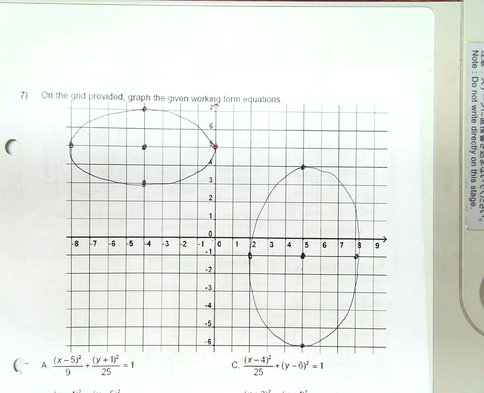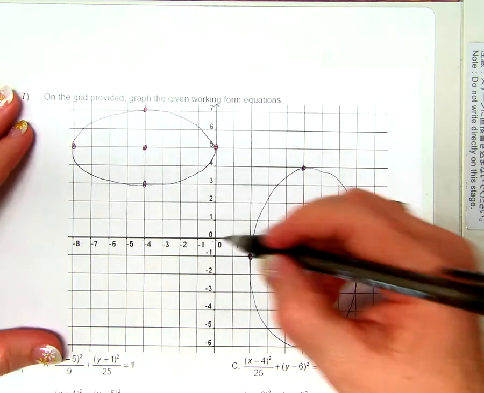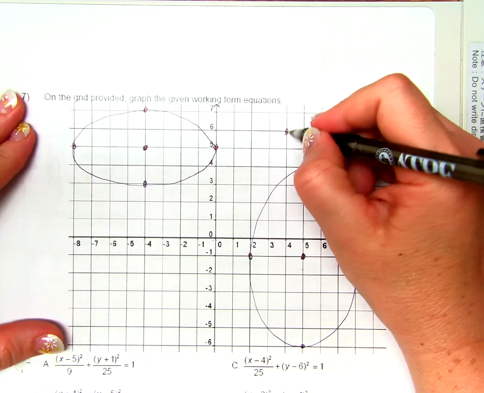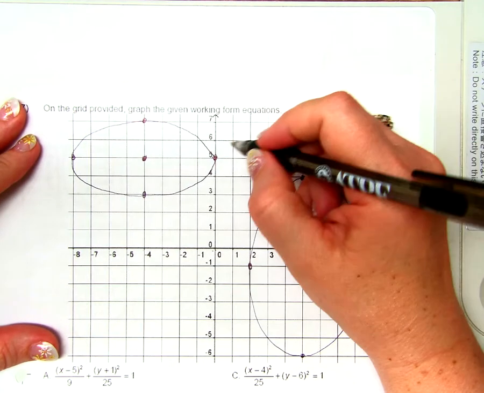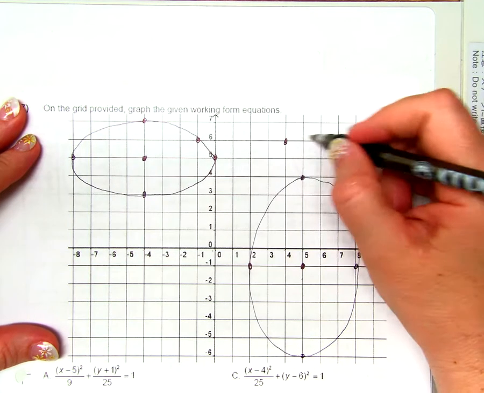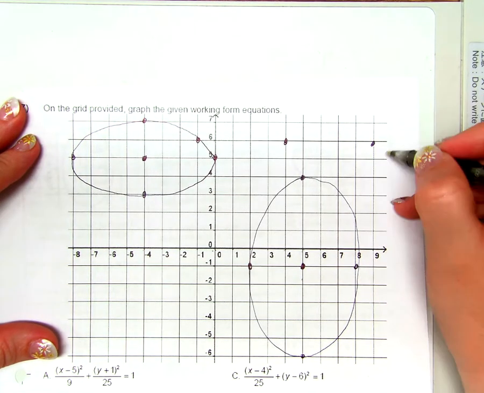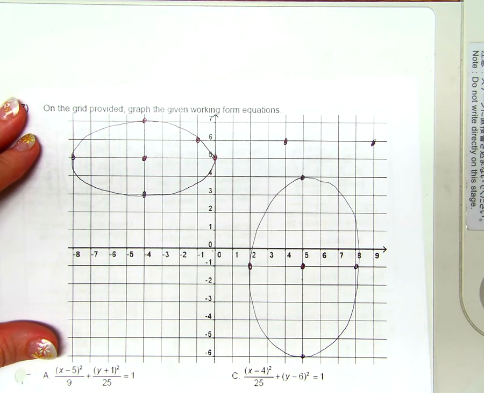So what about C? Ooh, C is definitely tricky, isn't it? No? Right 4, up 6, that's not tricky. How far left and right? 5, 1, 2, 3, 4, 5. Ooh, how far up and down? This is the trick, right?